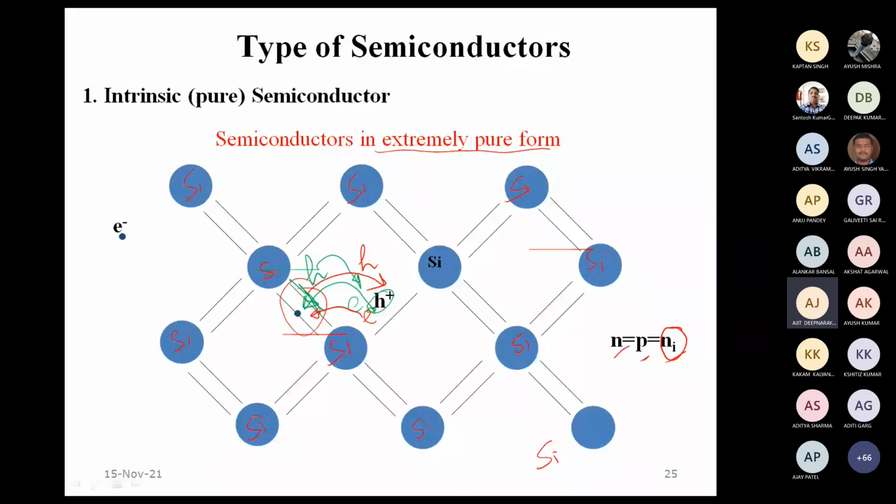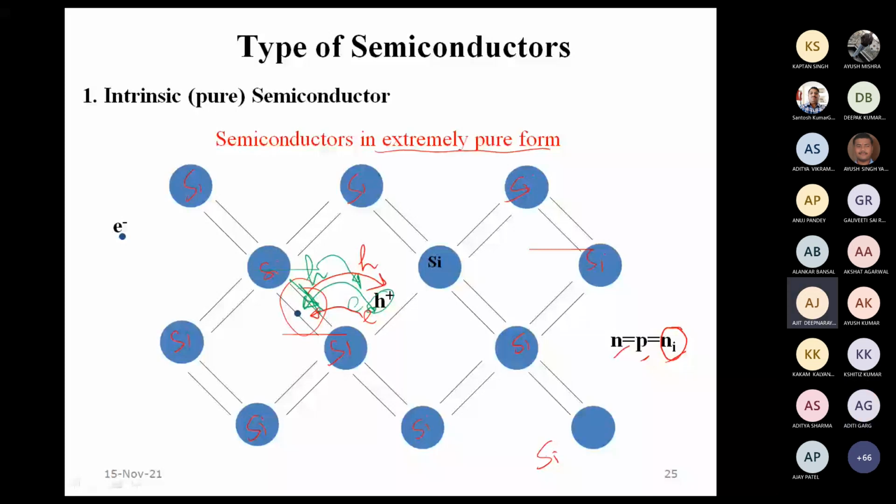So electron and hole move in opposite directions, and that also gives, one can say, proof of the kind of charge held by the electron and hole.